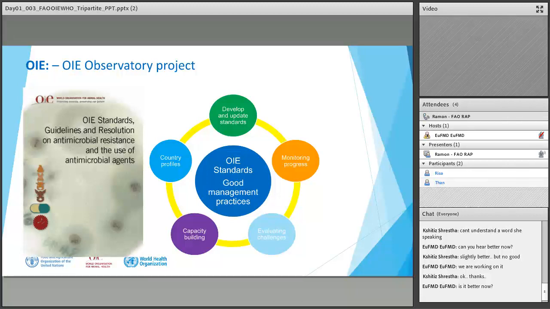In addition to standards related to antimicrobial usage or resistance or surveillance, there are a lot of other animal health standards, not only for terrestrial animals, even for aquatic animals, and even for bees. OIE helps countries to understand these standards and how they can send their comments to OIE. That is the purpose of this OIE consultatory project.